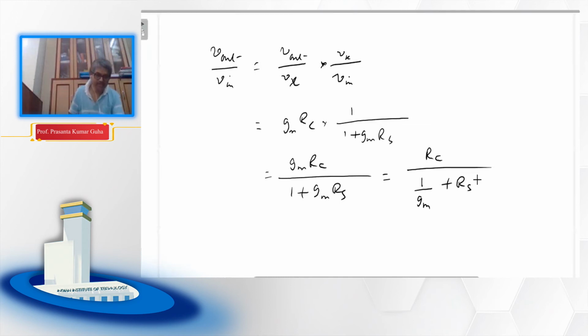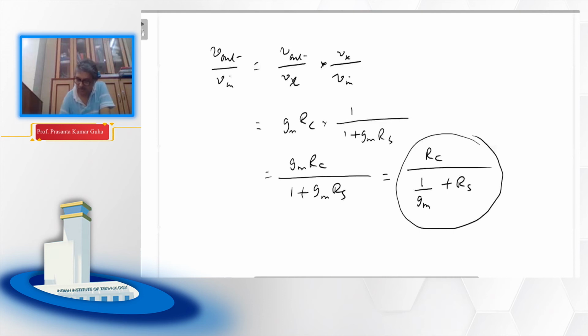Now interestingly, you see that this gain looks exactly the same as the gain we got in the common emitter stage, you remember. So in case of common emitter stage, if we have RE and RC here, the gain we found out is exactly the same.